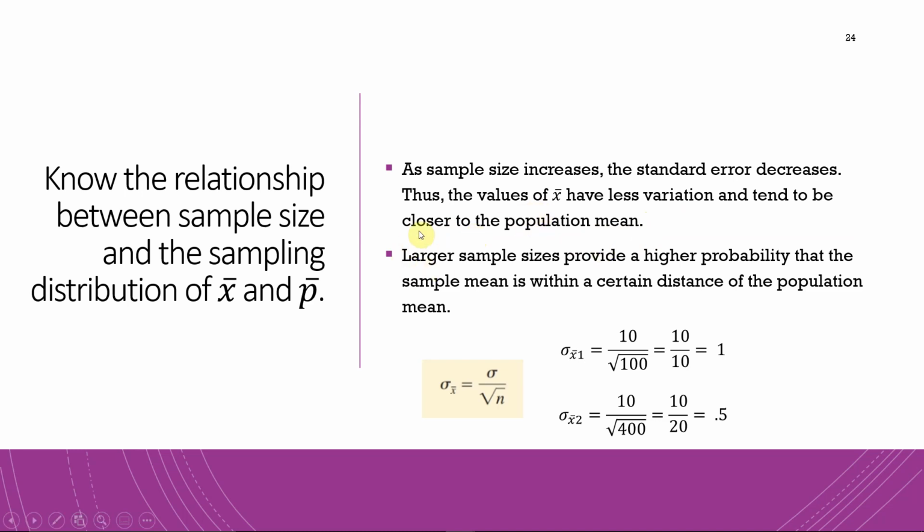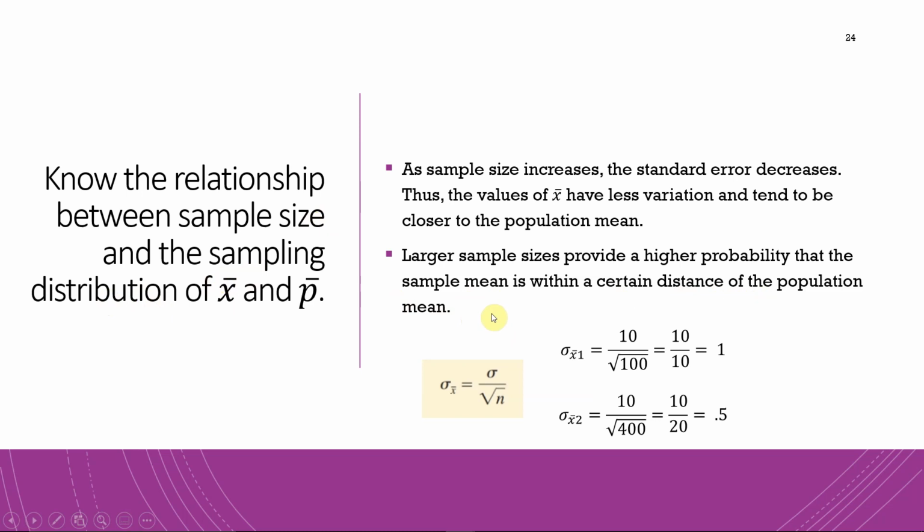Larger sample sizes provide a higher probability that the sample mean is within a certain distance of the population mean. I think we need to take a step back and realize, because I don't know if this is coming through as clear or not, that sampling distributions are different depending on sample size.